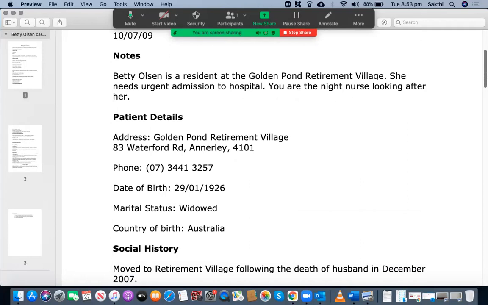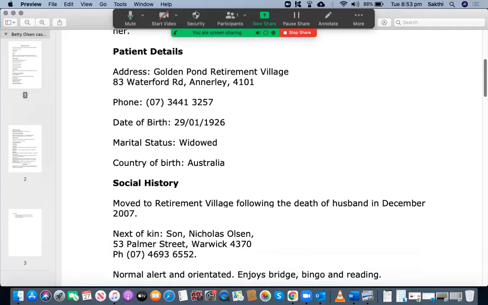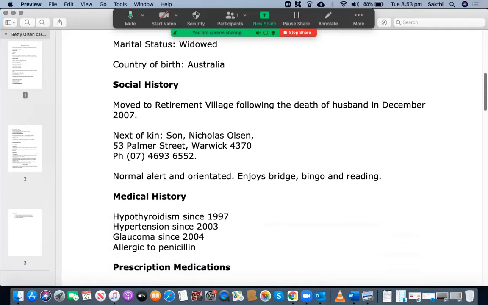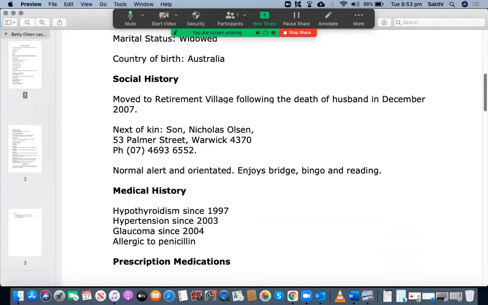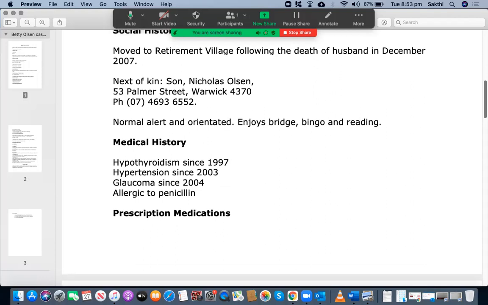Address: Golden Pond Retirement Village, 83 Waterford Road, Annerley 4101. And that's the phone number. We have got the date of birth as well. Marital status is widowed. Country of birth is Australia. Social history: moved to retirement village following the death of her husband in December 2007. Next of kin: son Nicholas Olsen, 53 Palmer Street, Warwick 4370.